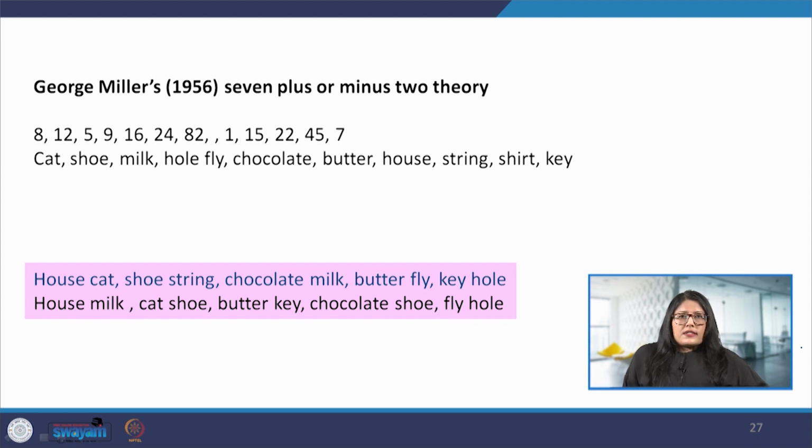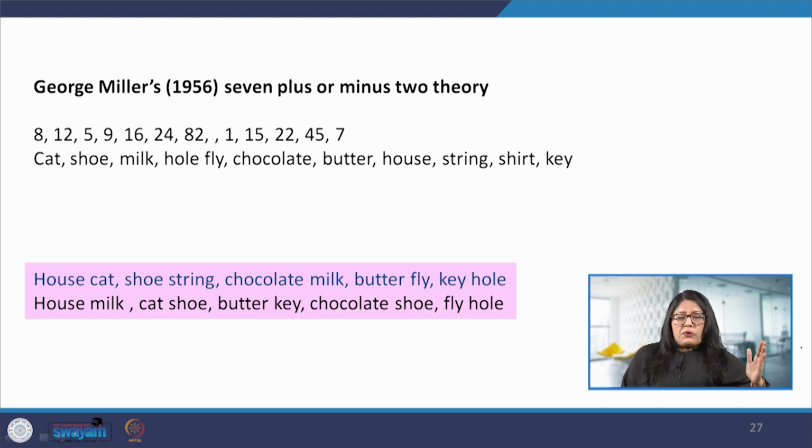There is an interesting theory by George Miller, where he says 7 plus or minus 2. This is the theory where he says that chunks of information can be held in short term memory at any one time, which is 7 plus minus 2. So either 5 or 7 or 9.